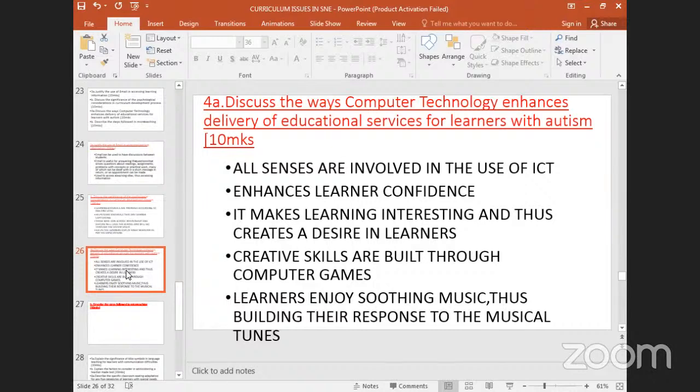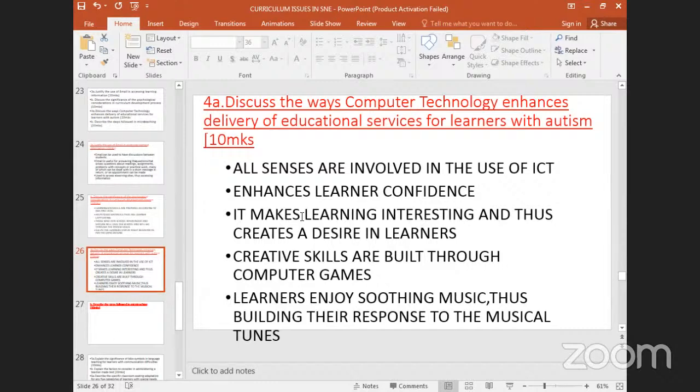It also makes learning interesting, and therefore it creates a desire in learners. This is where we talk about the curiosity aspect of it. It creates curiosity that needs to be quenched by the acquisition of knowledge.